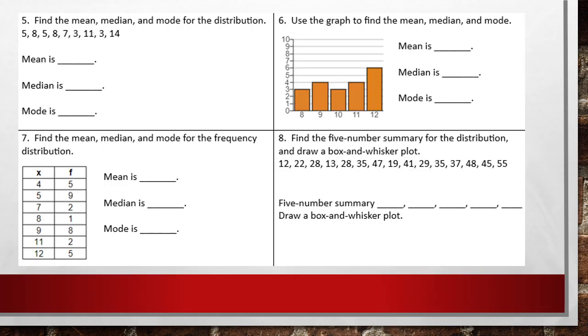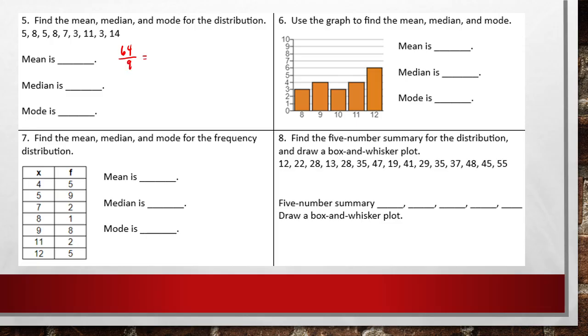Okay, we're going to find the mean, median, and mode for this distribution. To find the mean, we have to go through and add all of these scores together. If you add those numbers together, we get a total of 64. And if you count, we have 1, 2, 3, 4, 5, 6, 7, 8, 9 scores.